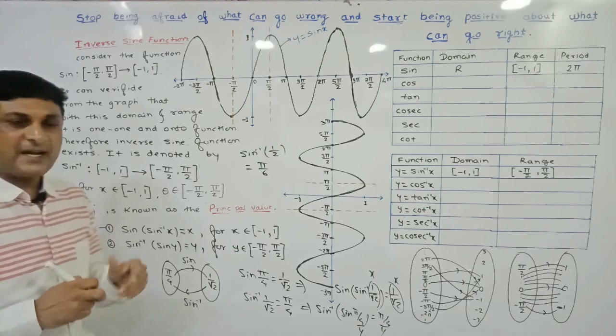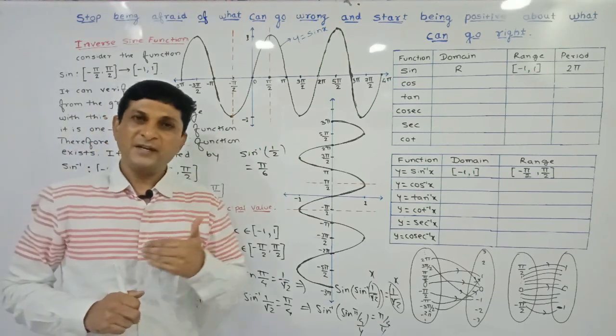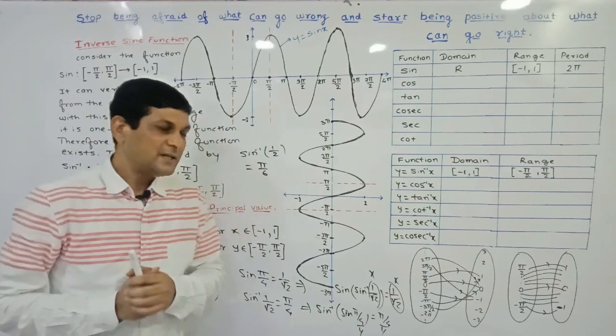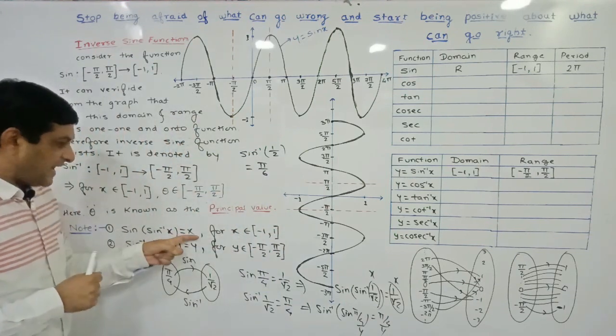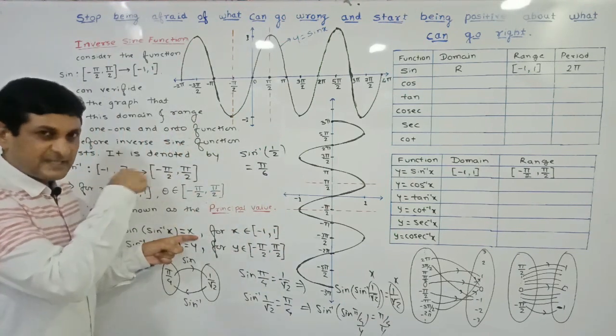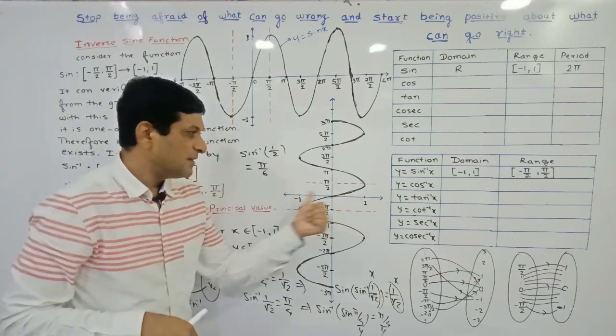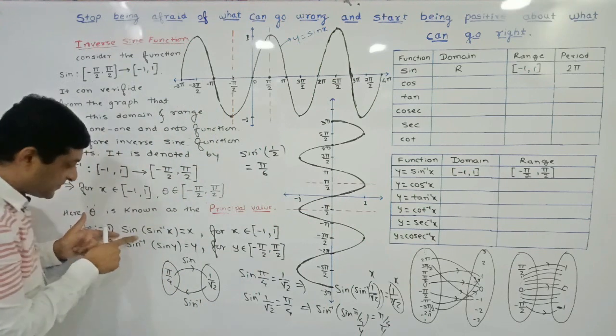These properties we apply while solving examples. Again, we are studying many other properties. Now here this value of x lies on what? The x-axis. The x-axis means in between minus 1 to plus 1, which is the value of which function?